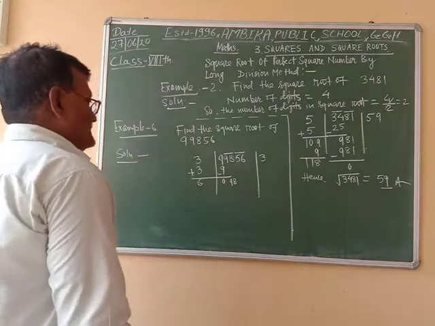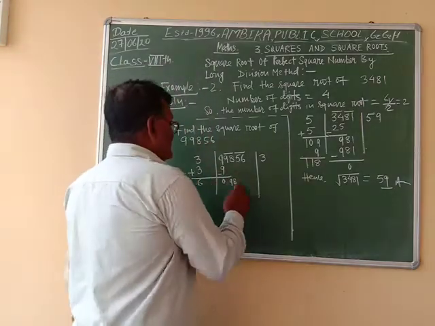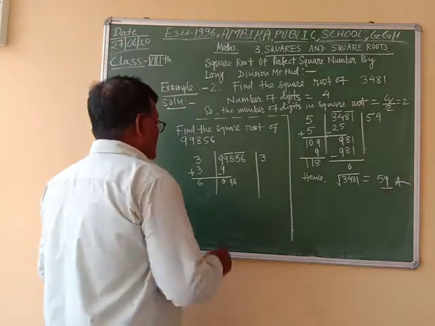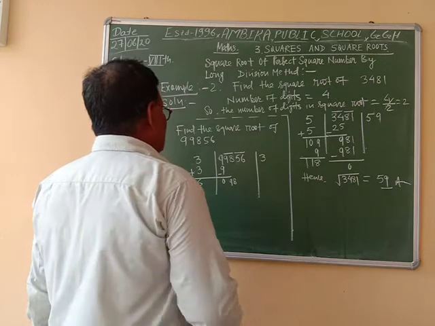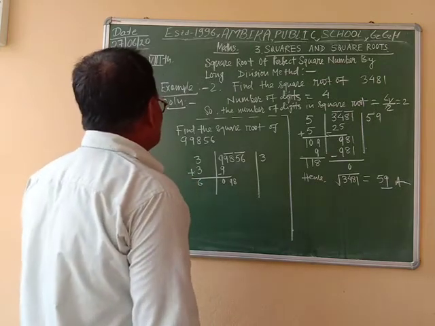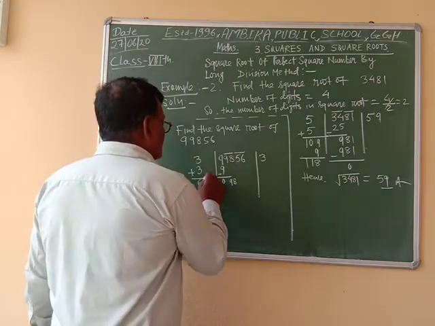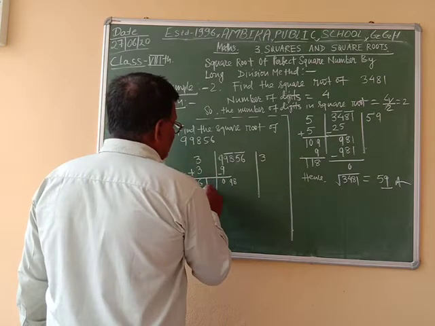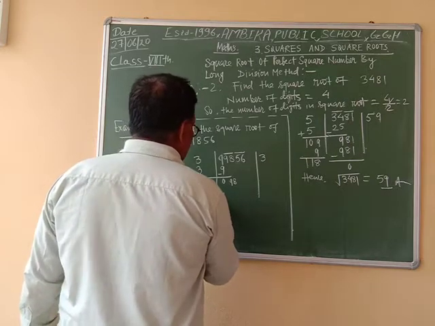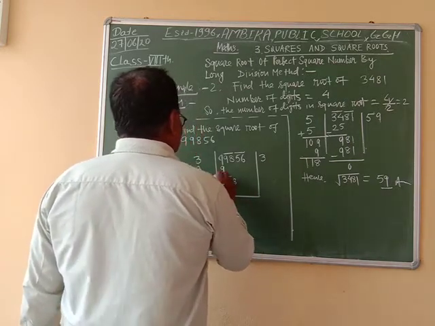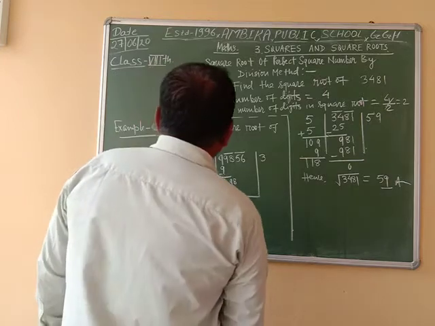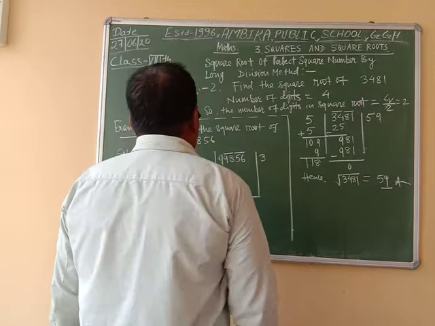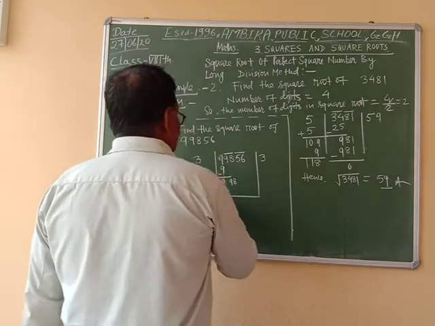Here dividend is 98. Again if we divide 98 by 61, if we multiply 61 by 1, then we have 61 as product, and if we divide by 2, then it will be greater.